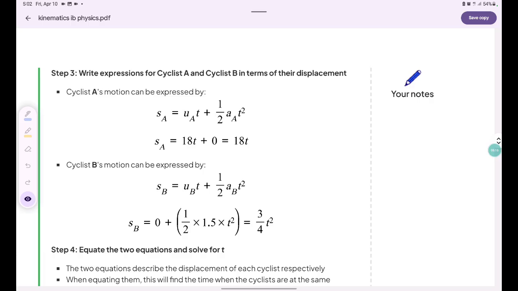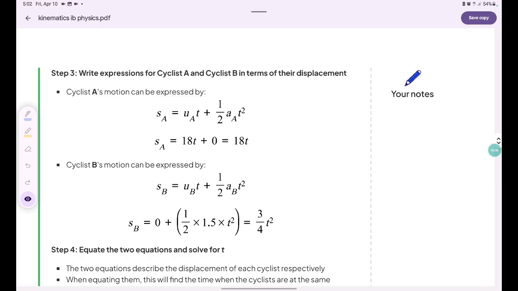As we know, u is equal to 0, plus half times 1.5 times t squared, that equals 3/4 t squared.